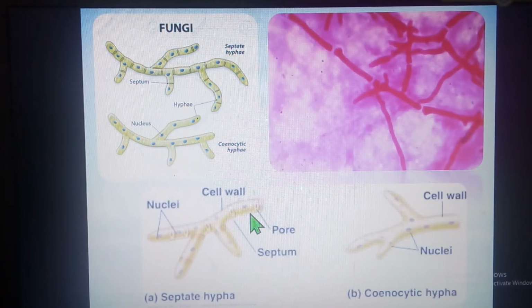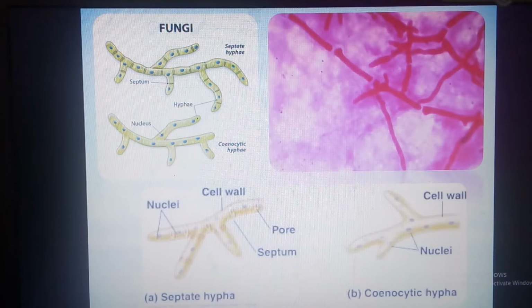Okay, and also near the septum you can find the pore, the pore through which the germ tube will exit upon germination. So the pores are also present. The septum is present in the mycelium in both the monokaryotic as well as the dikaryotic fungi.